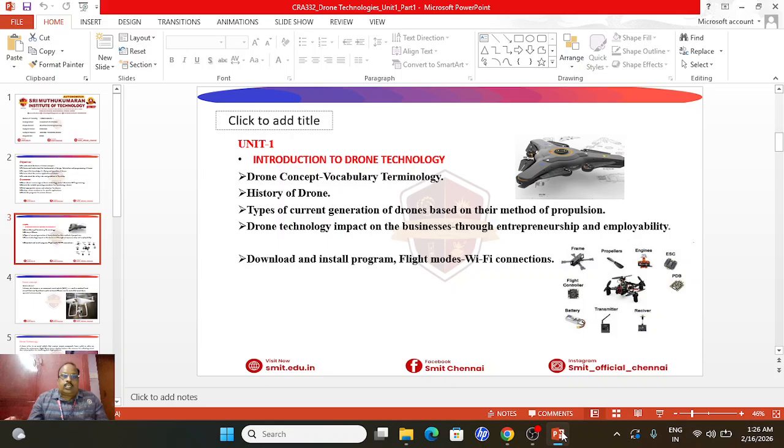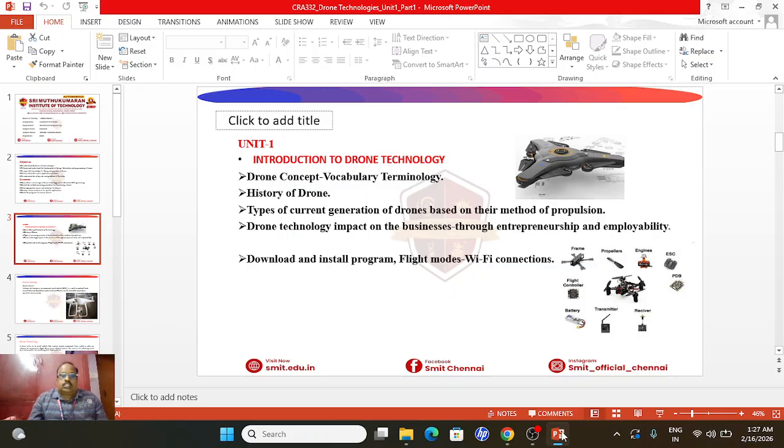So in unit 1 we have the introduction to drone technology. Drone concepts, we have vocabulary terms and history of drones and current generation of drones based on their method of propulsion.